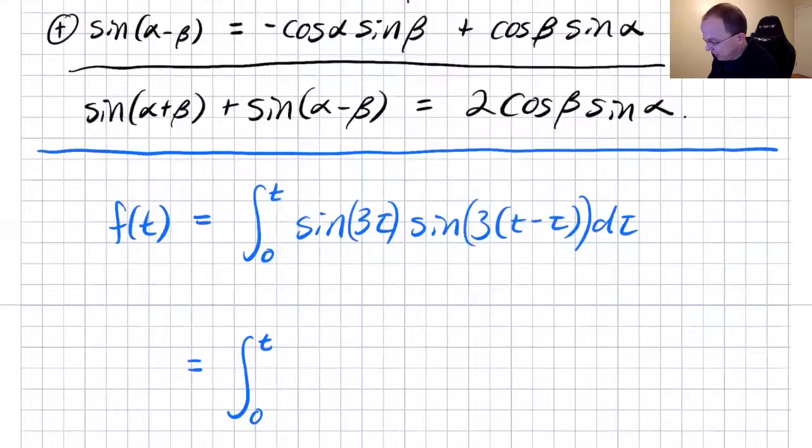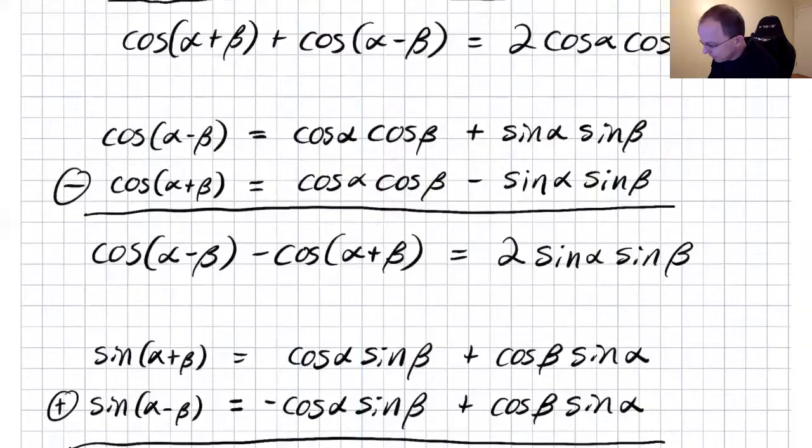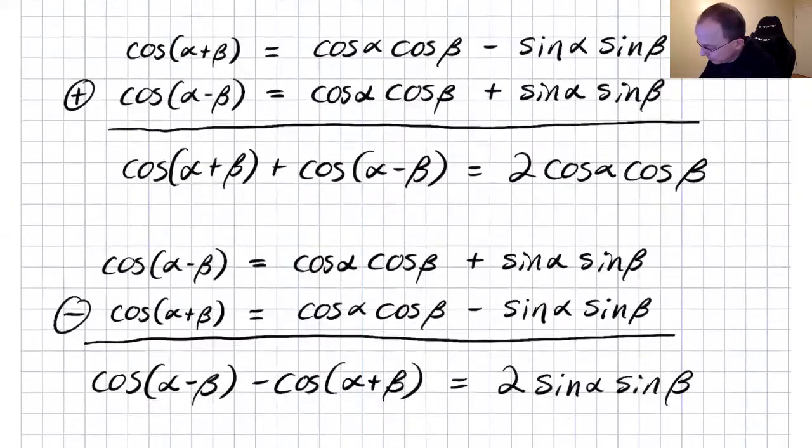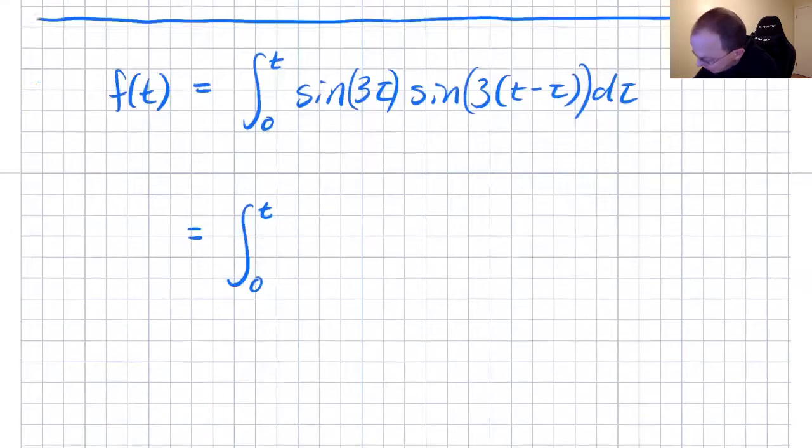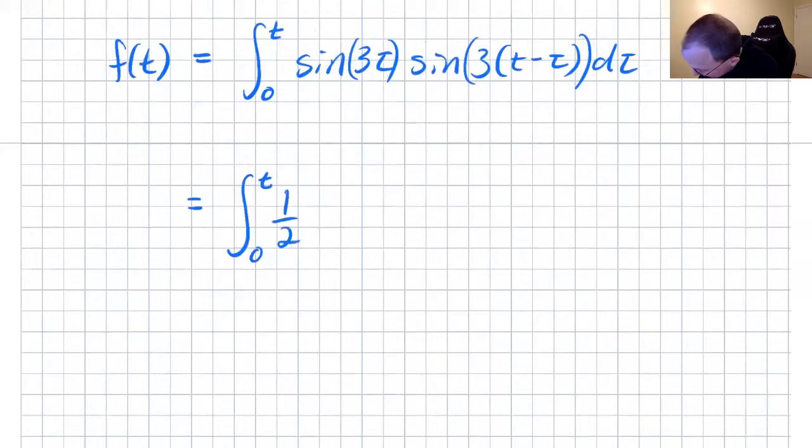So it's going to be this one here. So we're going to have, so we'll divide by 2, right? So this 2 will be over here. So we're going to have cosine of the difference minus cosine of the sum. Okay, so 1/2 cosine of the difference.